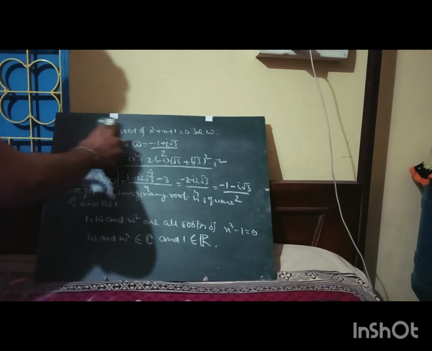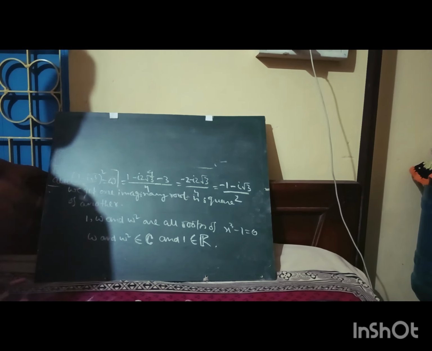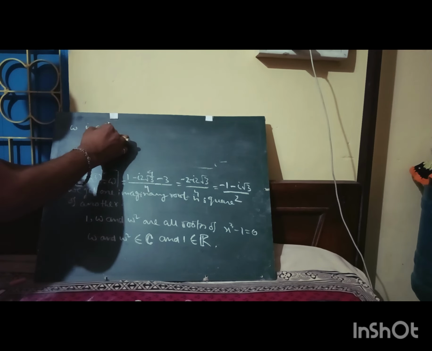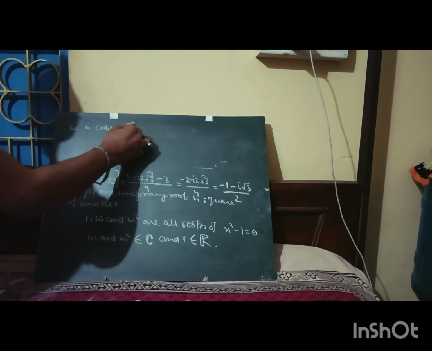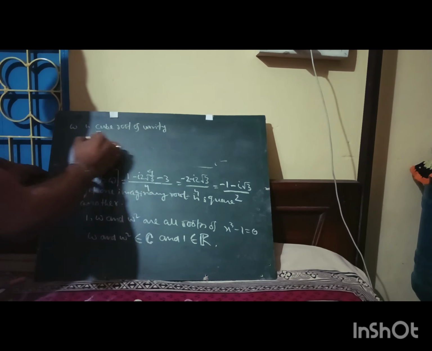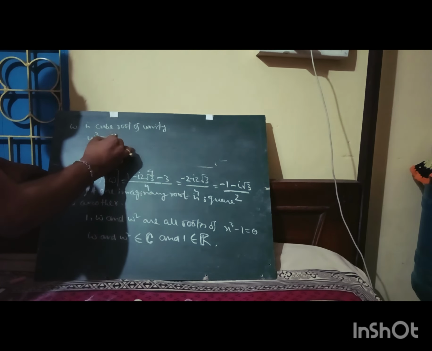Let us learn some properties of omega. See that omega is a cube root of unity. So number 1, omega cube is equal to 1.